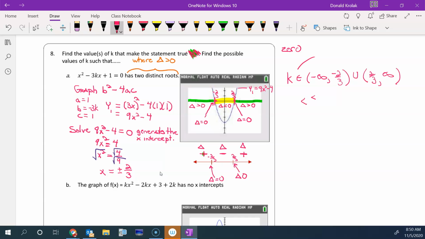Now that little funny looking e right there, that just means is a member of. So k is a member of this interval or a member of that interval. And any of those values would give you two distinct x-intercepts.